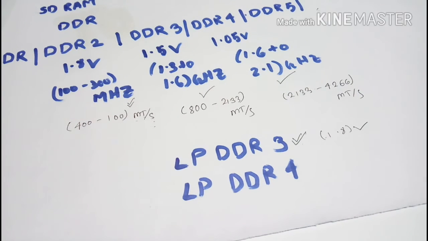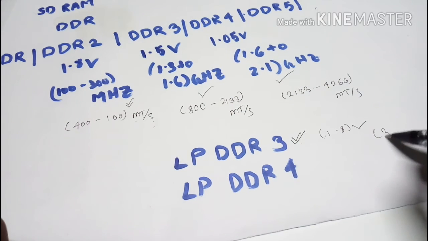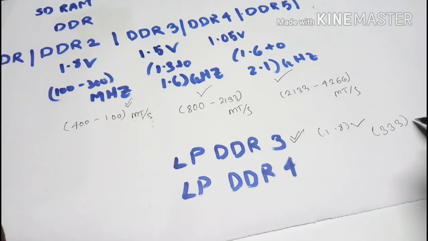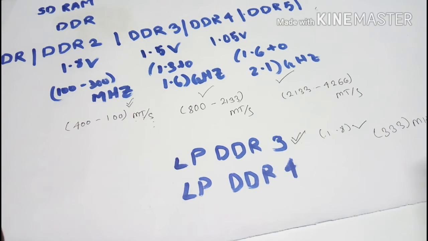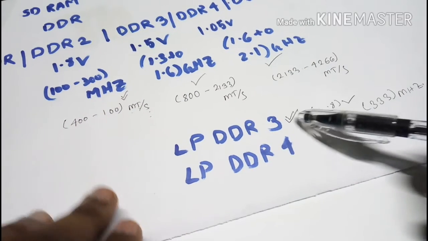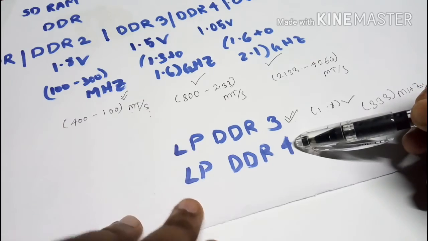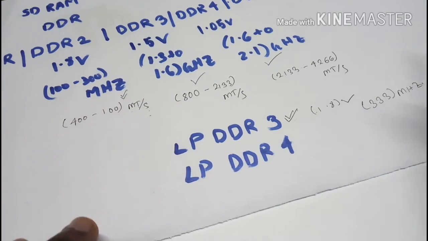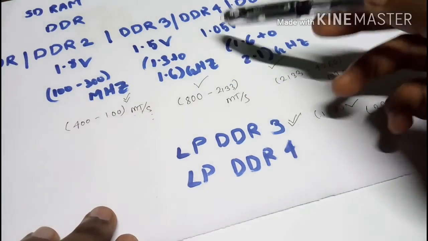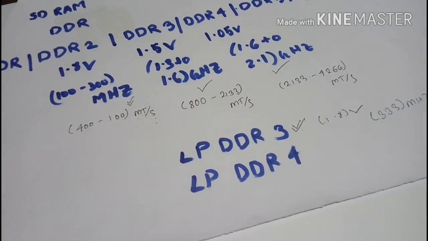Then it has partial array self refresh and deep power down, and generally it works in the 333 megahertz range. So guys, this is the thing about LPDDR3 and LPDDR4. The LPDDR3 and LPDDR4 RAMs present in your smartphone are the same thing as this one, but they are just low power consuming.